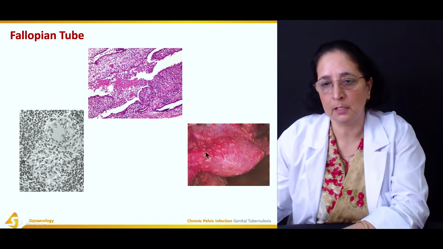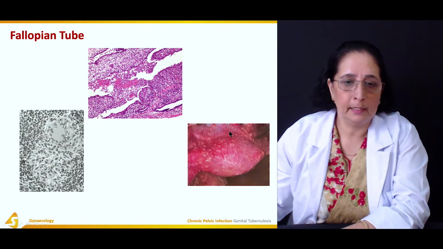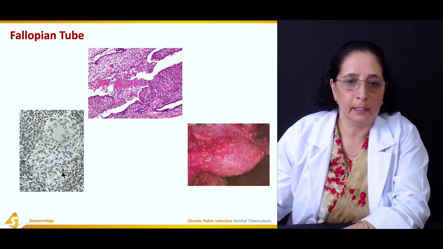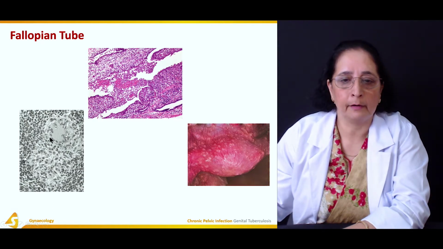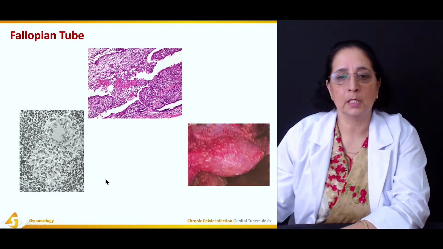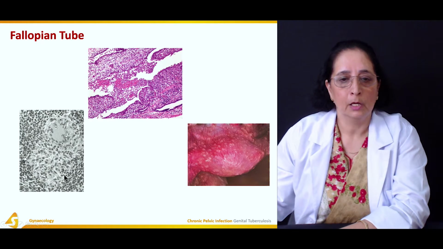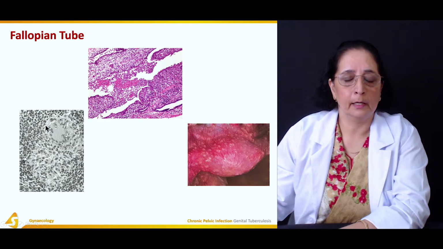If you see, this is the widespread miliary tuberculosis. Again, these are the pictures of tuberculin granulomas, and this is the formation of exudates. So these are the diagrams of the tuberculosis in the fallopian tube, miliary tuberculosis and tuberculin granulomatous lesions in the fallopian tube.